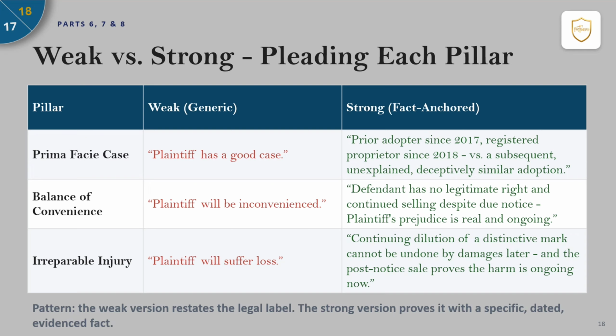So this is the pattern I want you to internalize. A legal conclusion without a supporting fact is just an assertion, and a judge cannot act on an assertion. So every single pillar you plead needs at least one fact doing the actual work behind it, right?